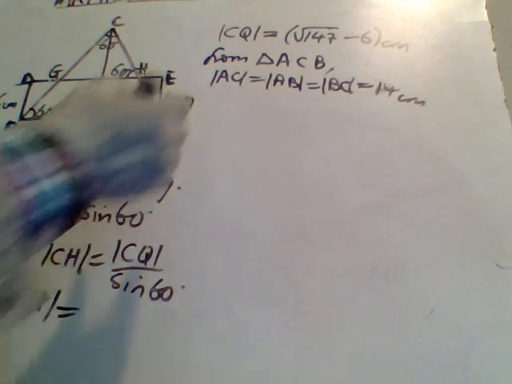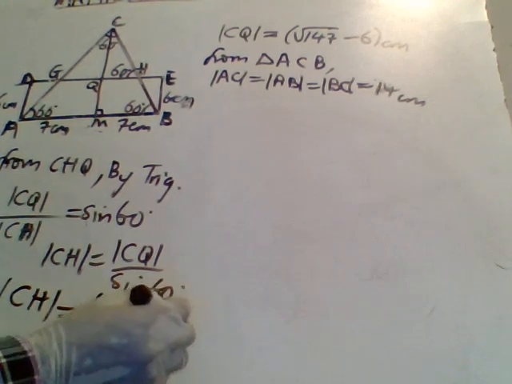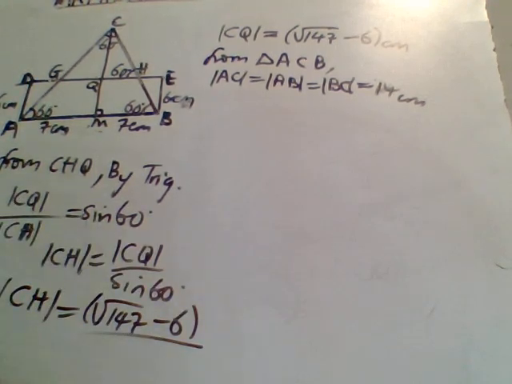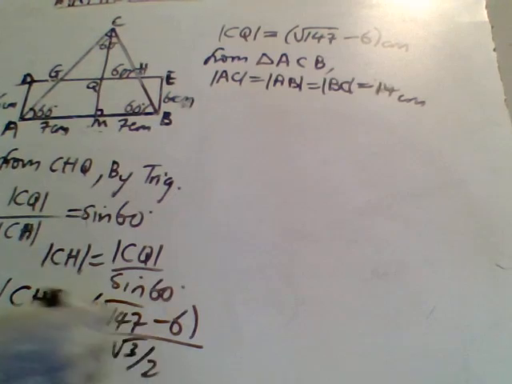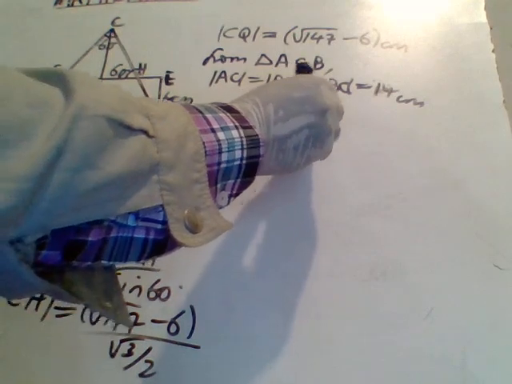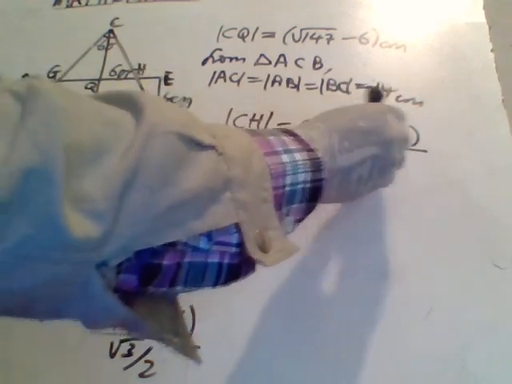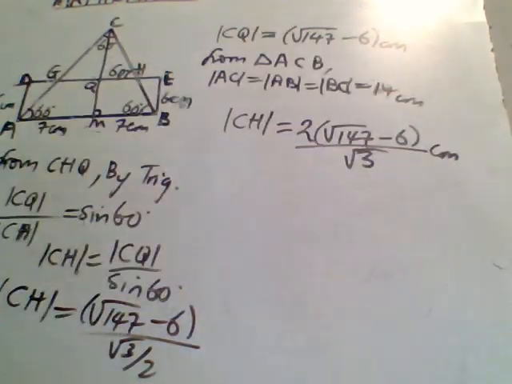We obtain our CQ to be the square root of 147 minus 6. And what do you know about sine 60? Sine 60 is the square root of 3 divided by 2. So that means that CH is equals to 2 in bracket the square root of 147 minus 6 divided by square root of 3 in cm.